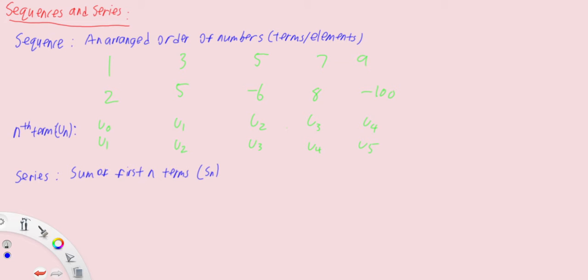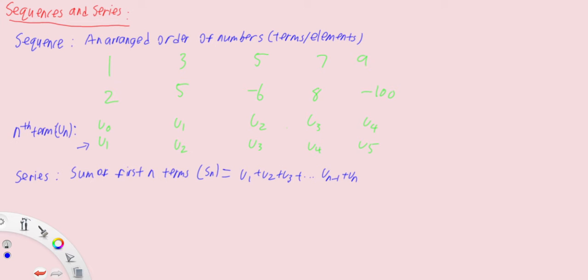So the sum of n terms, using the second convention here, is u1 plus u2 plus u3 plus all the way to u subscript n minus 1 plus u subscript n. So this is the series. A series is the sum of the first n terms in a sequence.